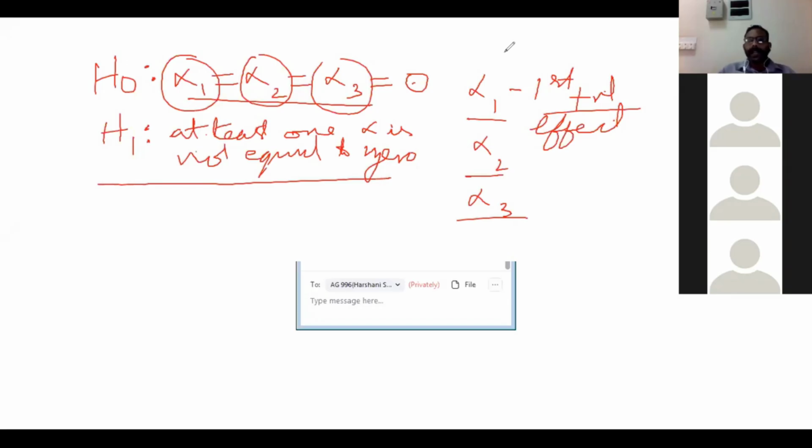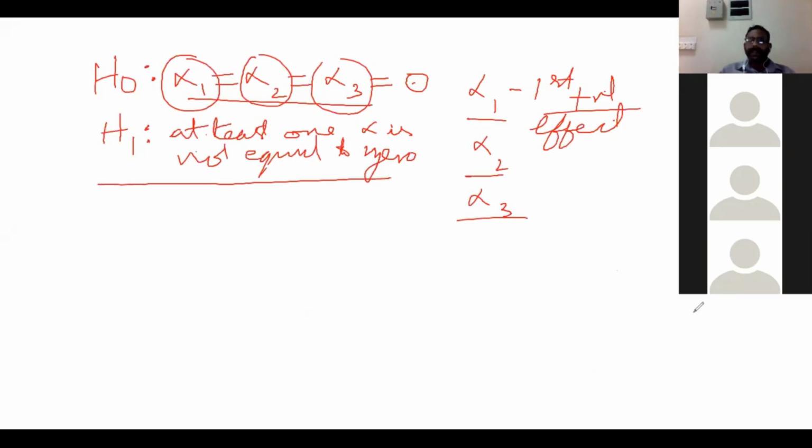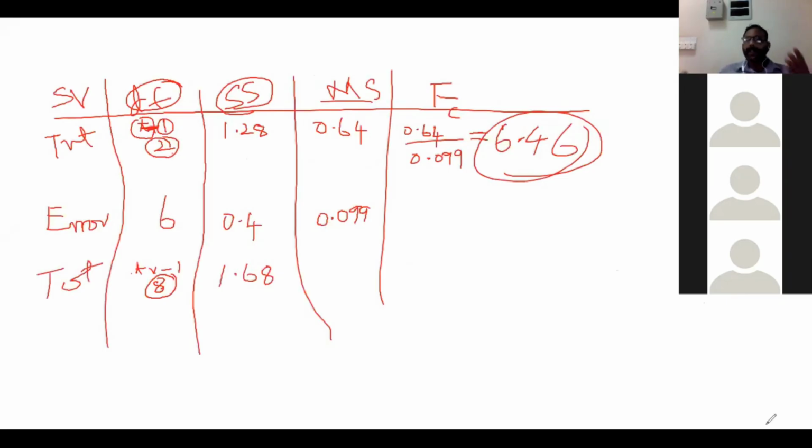Even using a calculator, you all are making mistakes. So the mean square of error is 0.066.